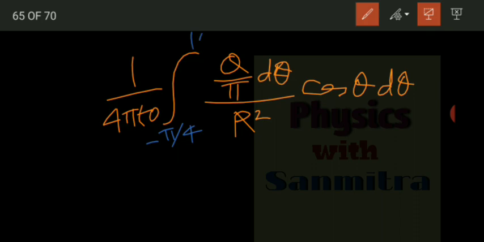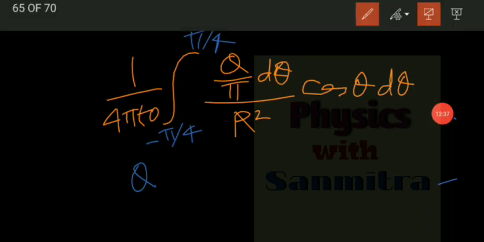So let me take this out common. One more thing, let's add an r here, q by pi r, and an r here also.